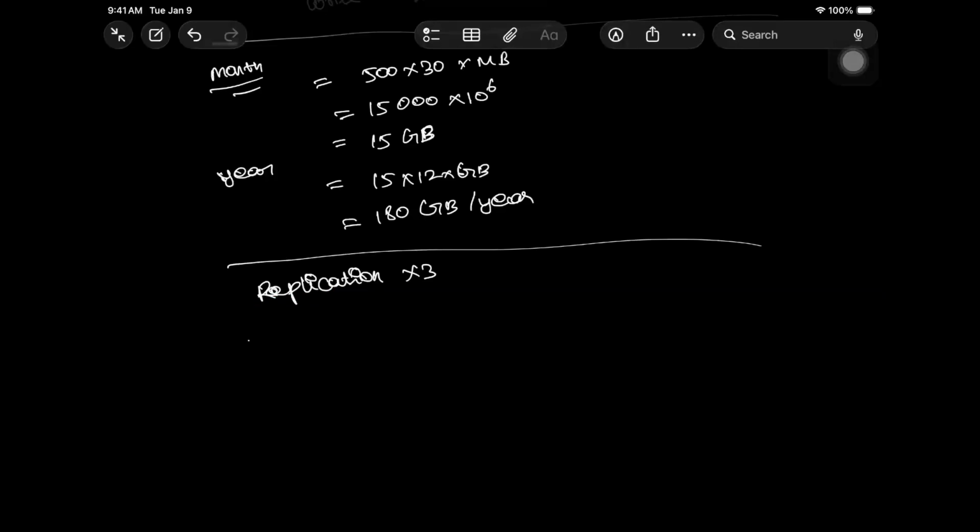So that means data per year would be 180 into 3, equal to 540 GB per year.